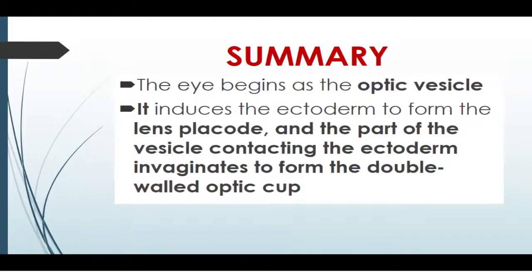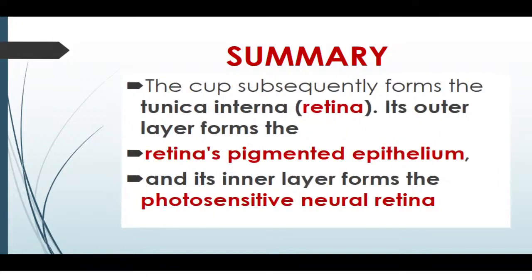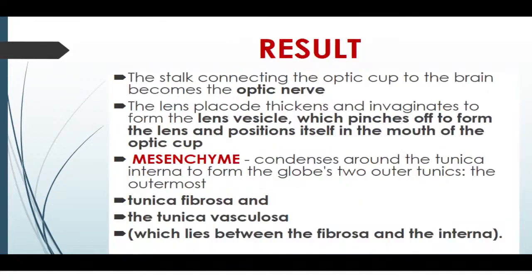Summary. Let's say the eyes begin as the optic vesicle. It induces the ectoderm to form the lens placode, and the part of the vesicle containing the ectoderm invaginates to form the double-walled optic cup. The cup subsequently forms the tunica interna, the retina, its outer layer forming the retinal pigmented epithelium, and its inner layer forming the photosensitive neural retina.